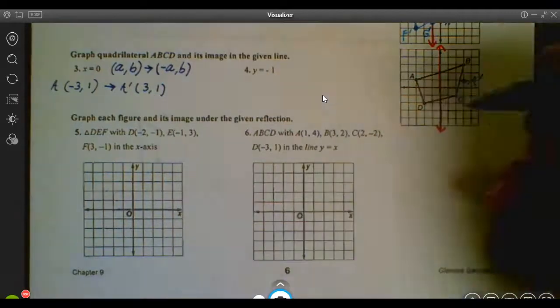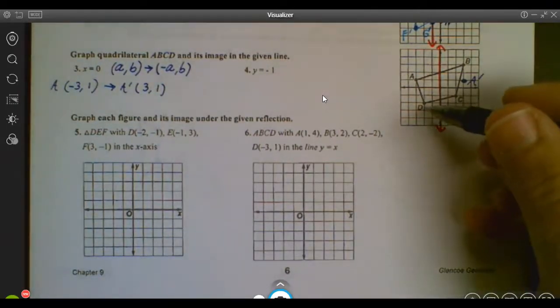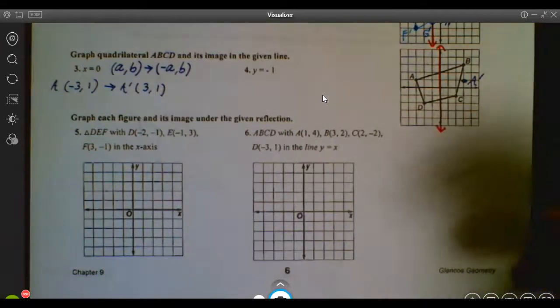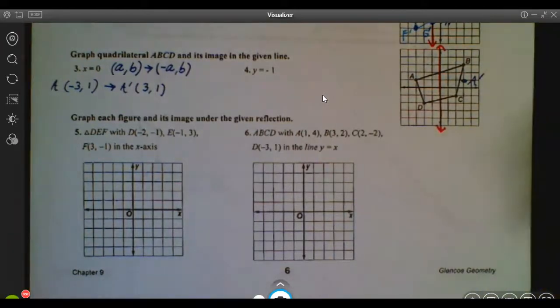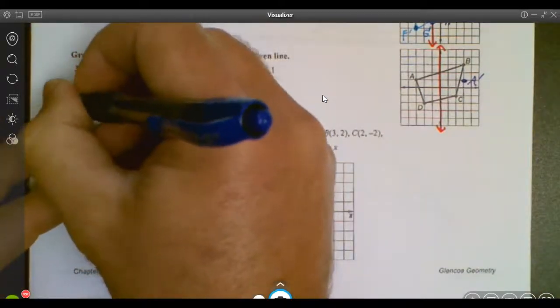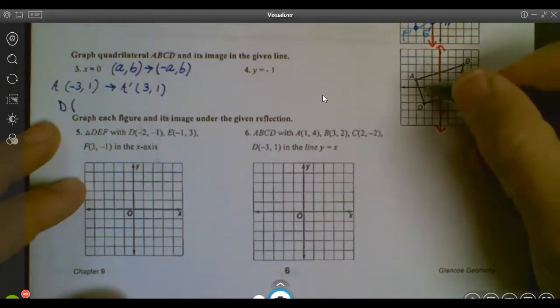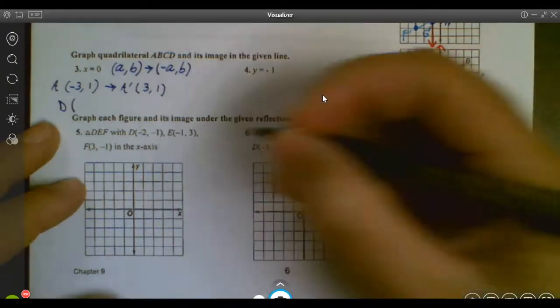So if I was to look at a point like point D, and maybe I was just given the coordinates. Maybe I don't even have a graph. So maybe I can't take the visual approach if I don't have the graph in front of me. So how do we do this on point D? Well, let's look at the coordinates. It was negative 2, negative 2.